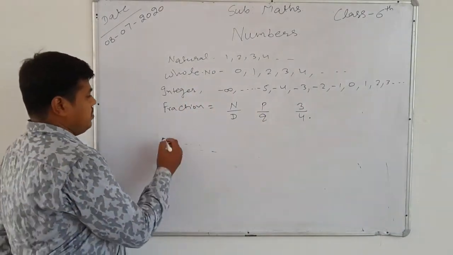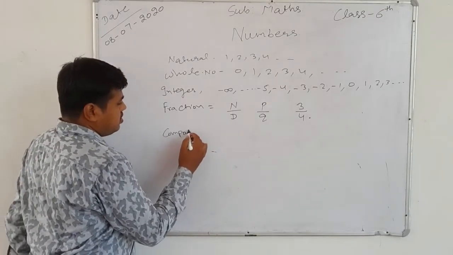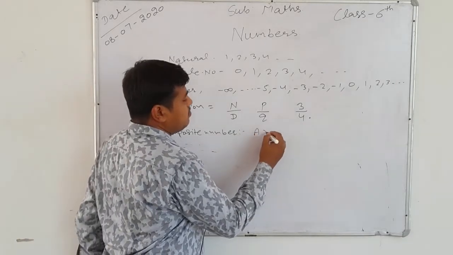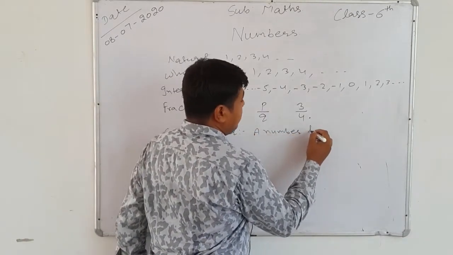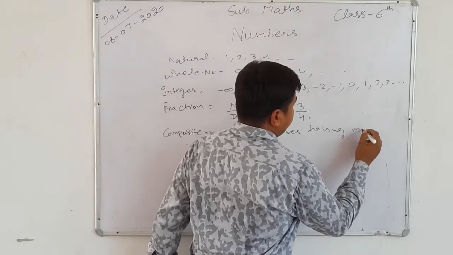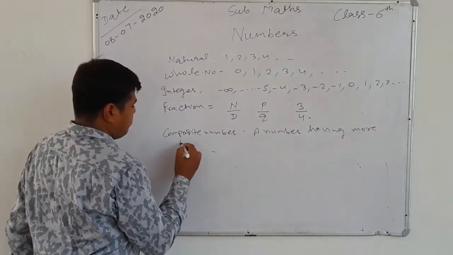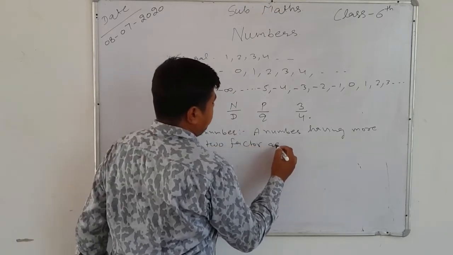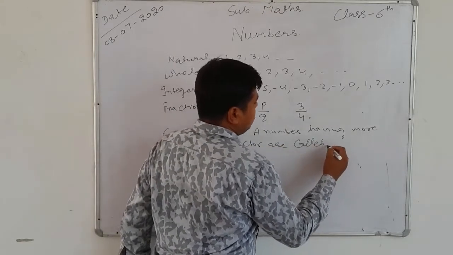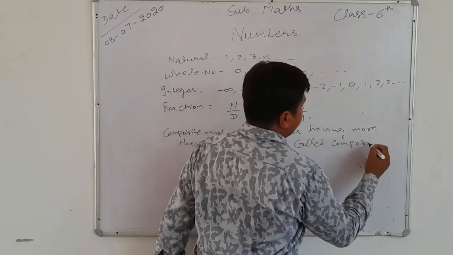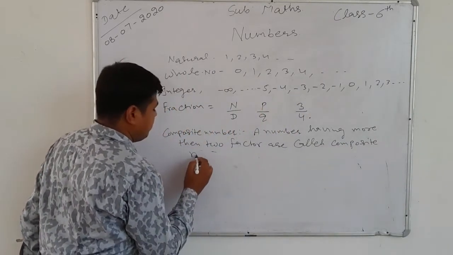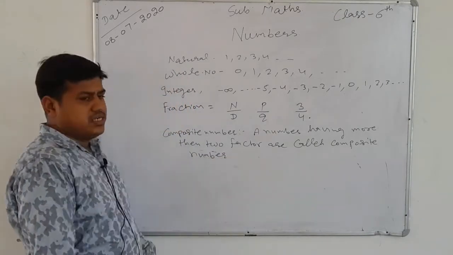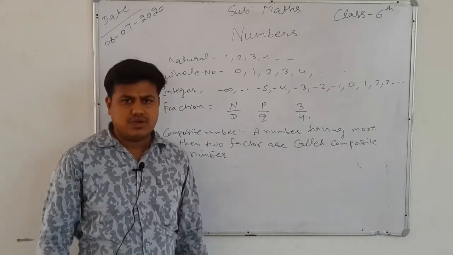After that, composite numbers. The definition of a composite number: a number having more than 2 factors is called a composite number.